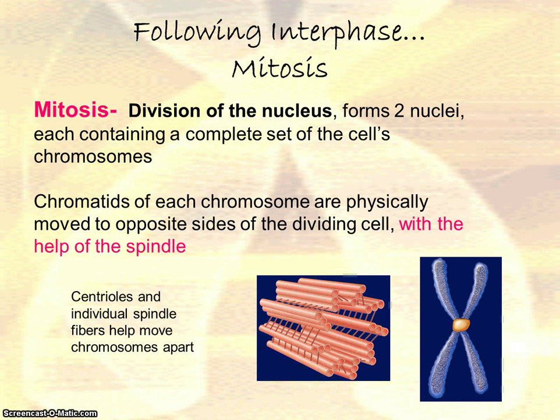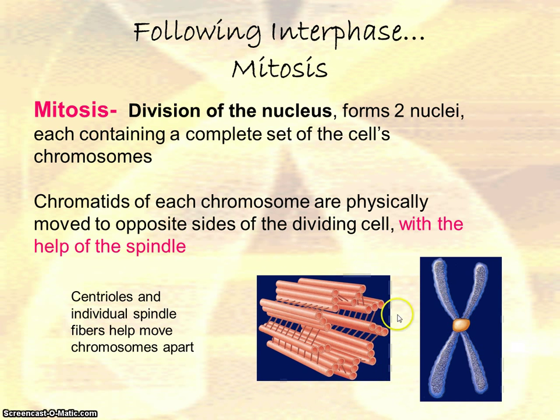What's going to happen then are the chromosomes. The chromosome is made up of different parts. These leg pieces are called chromatids. And then the little piece in the middle that holds the two chromatids together is called a centromere.